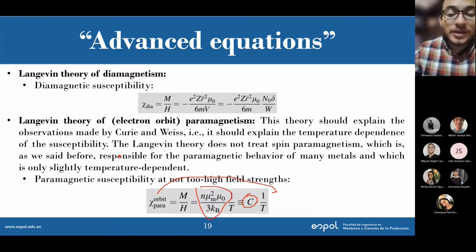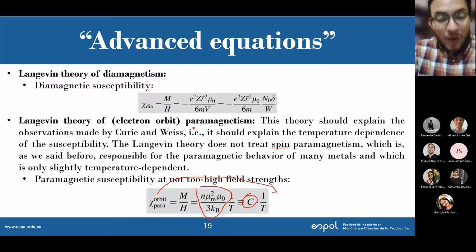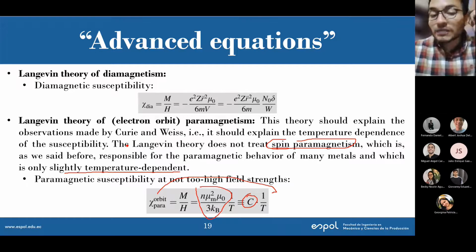And so paramagnetism derived from spins is not accounted for by this theory. Why? Because this type of paramagnetism is only slightly temperature dependent. Here we're really looking at the electron orbit paramagnetism, the one that is really affected by temperature.